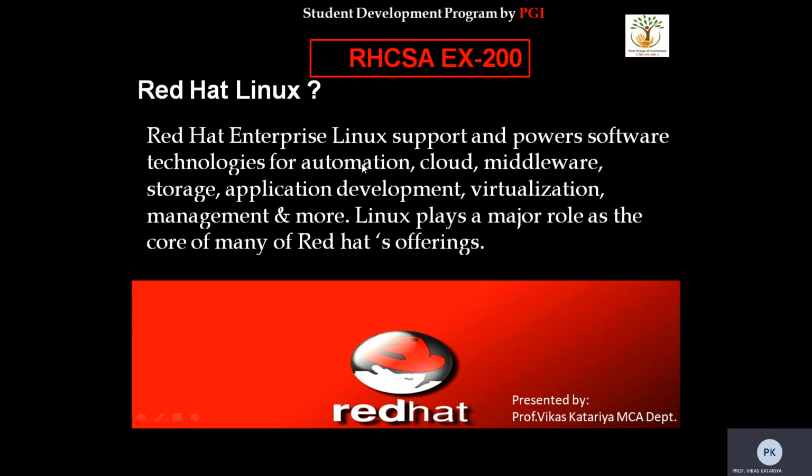Red Hat Enterprise Linux supports and powers software technologies for automation, cloud, middleware, storage, application development, virtualization, management, and many more. We know that it is an enterprise which provides so many software development applications.